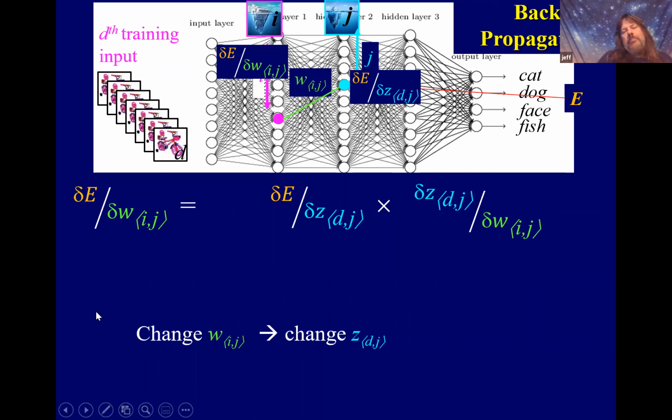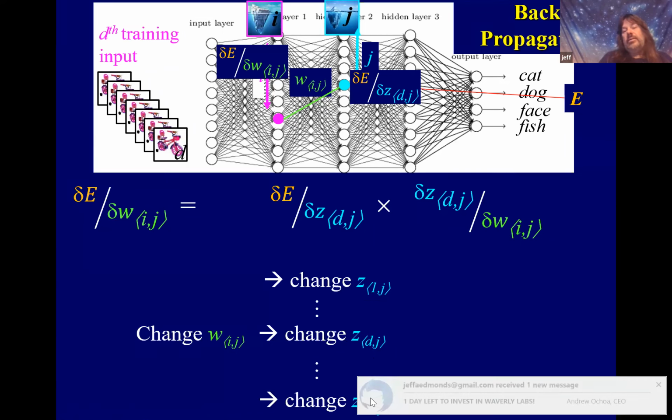So really what happens is when you change the weight, it doesn't change just the one, right? This Z is the firing, the activation of this node on the D-th training data, right? But we have all these Zs. We have how it reacts on the first training data and on the second training data, on all our training data, right?